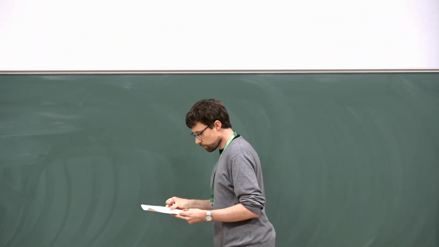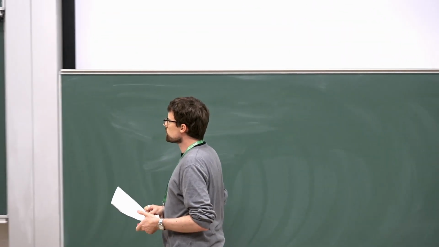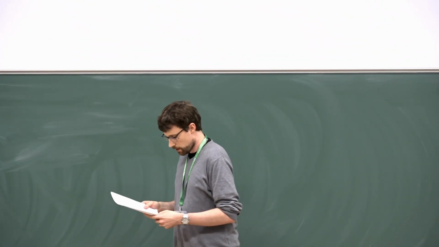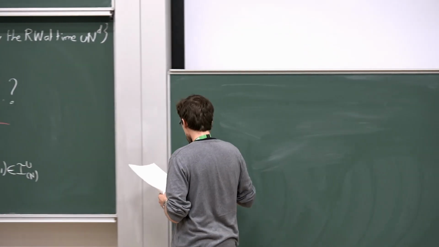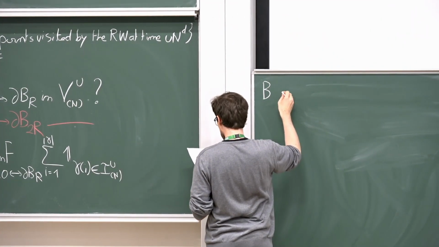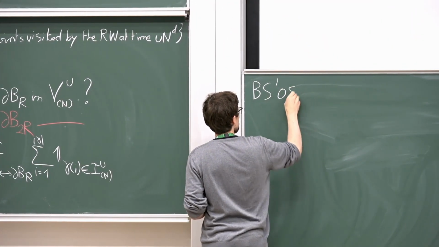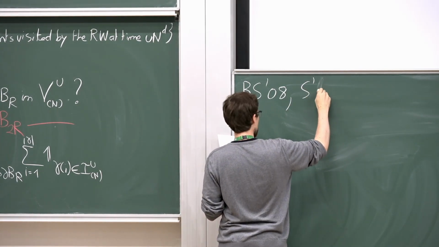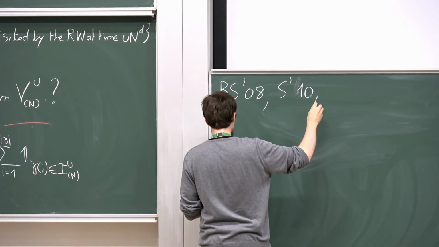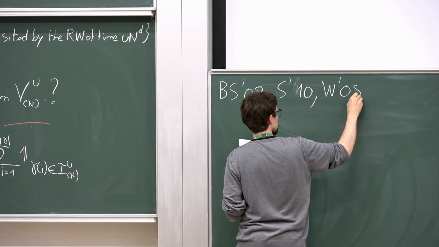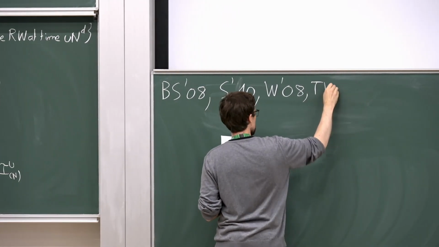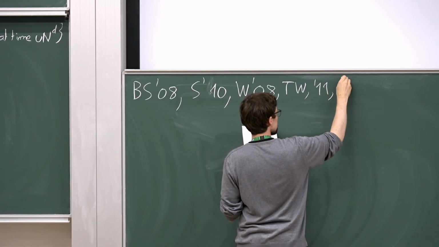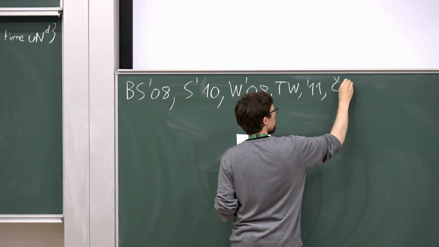Okay, so there is a lot of history that I guess a lot of you know about question A. And I'm not going to be able to list everybody who contributed to that. Let me just say, there's Benjamini and Sznitman, and then the main contribution was made by Sznitman, who introduced random interlacements. Then there's Windisch, Teixeira and Windisch, and they all proved the same thing, but at various levels of precision.